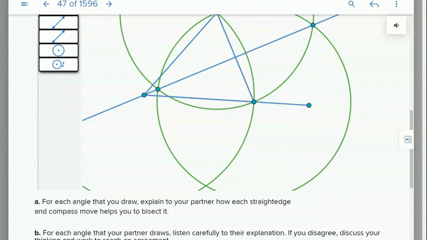Step 2, we construct a circle on the vertex of the angle.